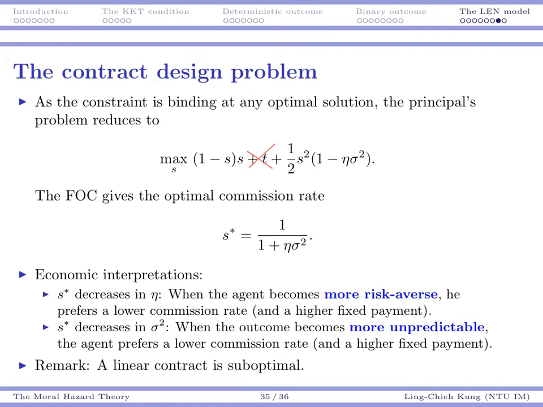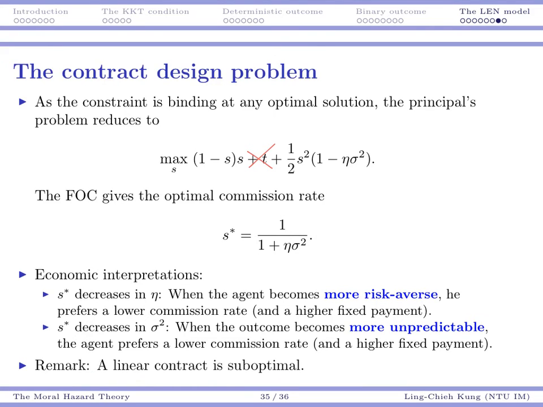Now it's time to give some economic interpretations to this final outcome, the optimal or equilibrium commission rate. First, we can see this is positive, good. Second, this is less than 1, also good, because it doesn't really make sense if the commission rate is above 1.